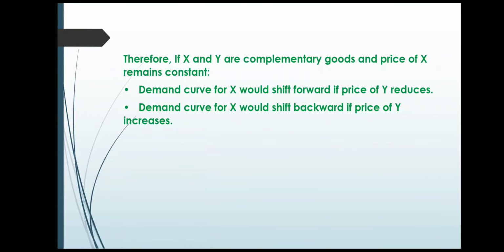Therefore, if X and Y are complementary goods and price of X remains constant, demand curve for X would shift forward if price of Y reduces. Demand curve for X would shift backward if price of Y increases. So over here, forward refers to rightward and backward refers to leftward.